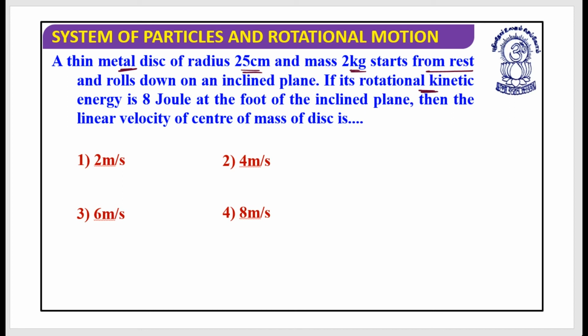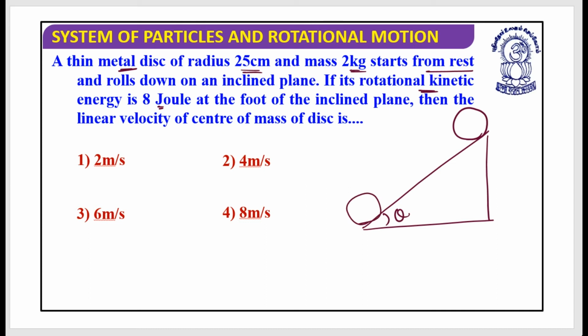They are talking about the rotational kinetic energy. It is 8 joule at the foot of the inclined plane. The situation would be something like this. It has started from here and ended up here. The metal disc's radius is given, 25 centimeter.